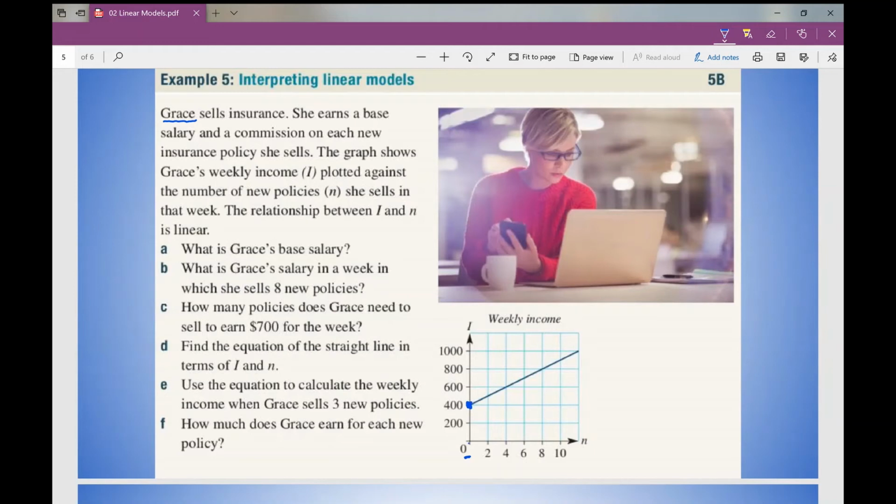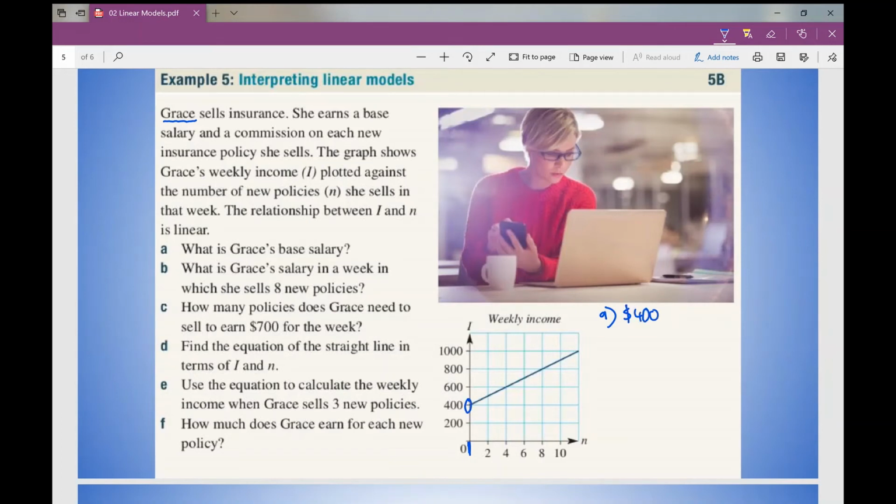And then for every policy she sells, she earns an increasing amount of money. So let's look at the questions we have to answer here. What is her base salary? Well, her base salary is simply the salary she earns when she doesn't sell any policies. So we look up here and see that that's $400.